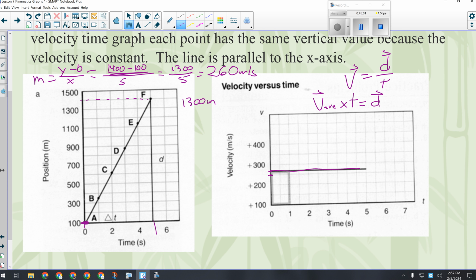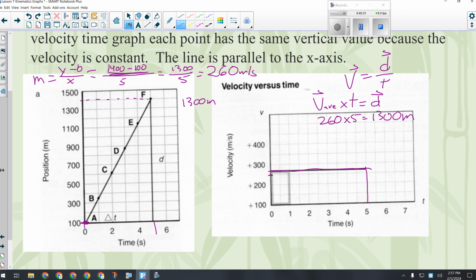According to this graph, the velocity is constant at 260 meters per second. Does that mean the average velocity is also 260? It does, okay? And the time is 5 seconds. So that's what I got on the other graph.